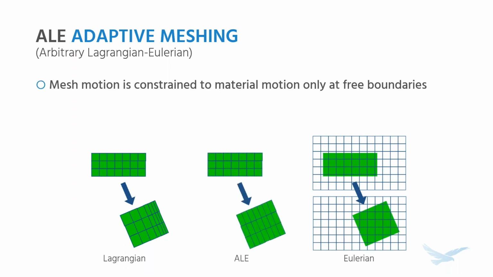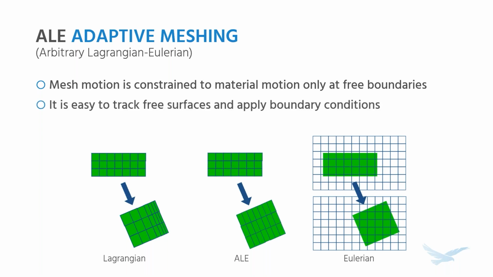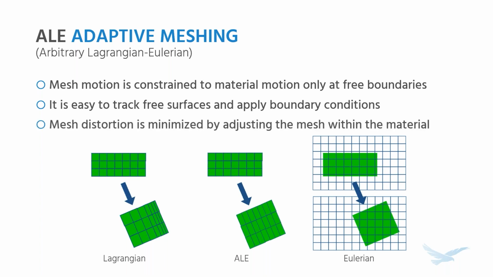We are going to attach the mesh motion to the mesh deformation, but only on the exterior surfaces. Because we're meshing those exterior surfaces, it's going to be easy to figure out where they are, and we'll be able to place our boundary conditions on them.